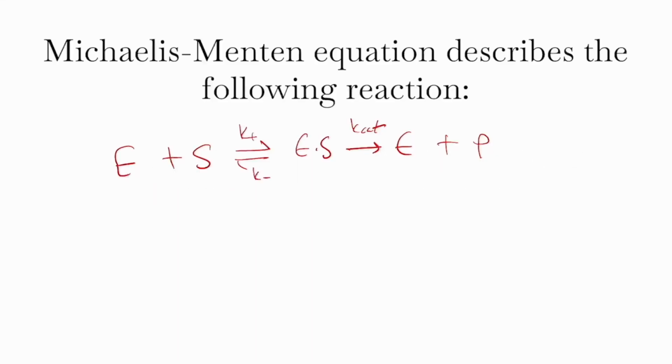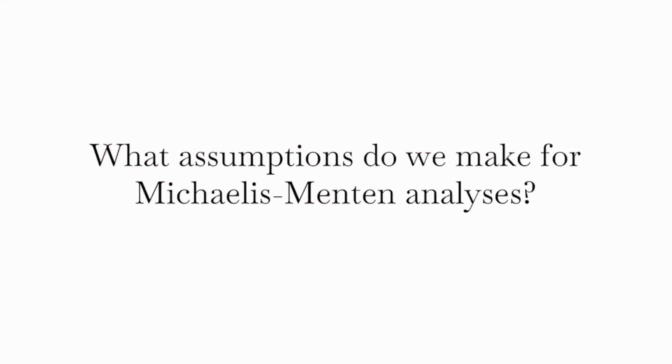I want to talk about the assumptions and what we're actually assuming here. We're making two assumptions in this Michaelis-Menten analysis. Sometimes people talk about three, but really we're making two and the third follows. The first assumption is that enzyme-substrate to enzyme plus product, the final reaction, is irreversible. So we never see product going back to substrate, we just see substrate going to product.